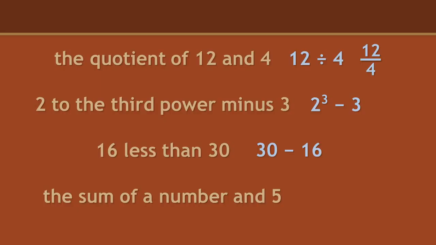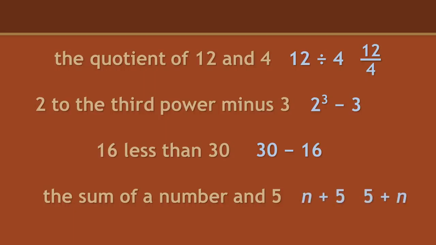And then the last one, the sum of a number and 5. Okay, now this is going to be an algebraic expression because all we have is one piece of information. It says the sum of a number. We don't know what number they're talking about. So we need to choose a variable to represent that number. So in this case, we're going to choose n.